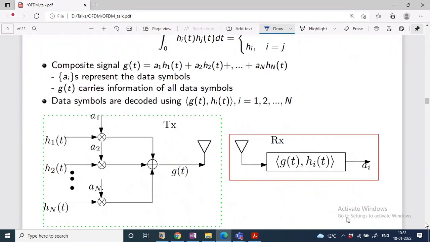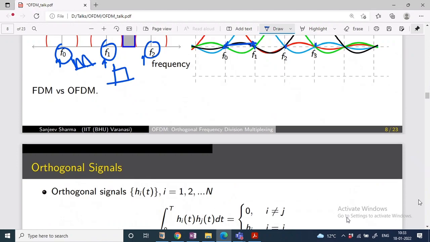So OFDM uses the principle of orthogonal signals.